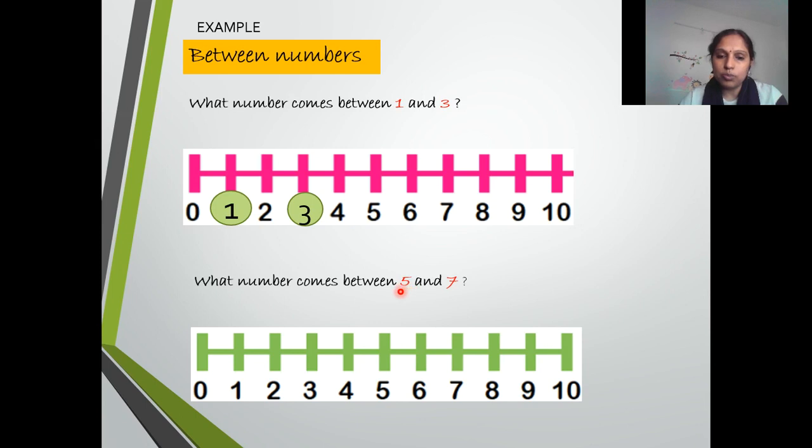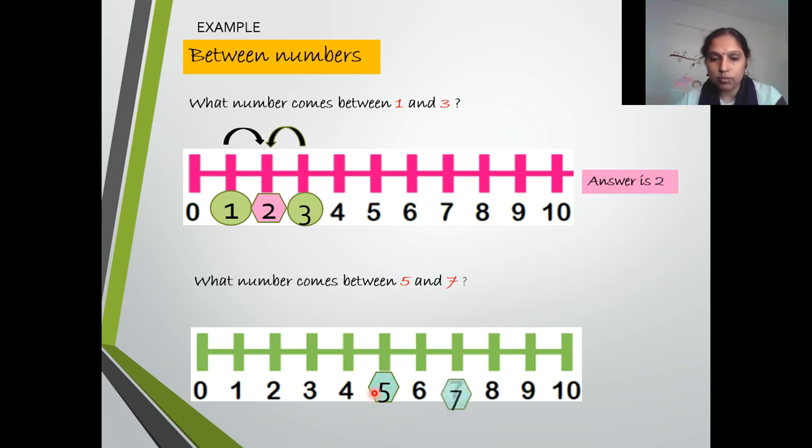The number that comes between 5 and 7. Now we are going to find the number that comes between 5 and 7. So we are first marking where the number 5 is. See here, 5 is marked here. And where is the number 7? 7 is marked here.